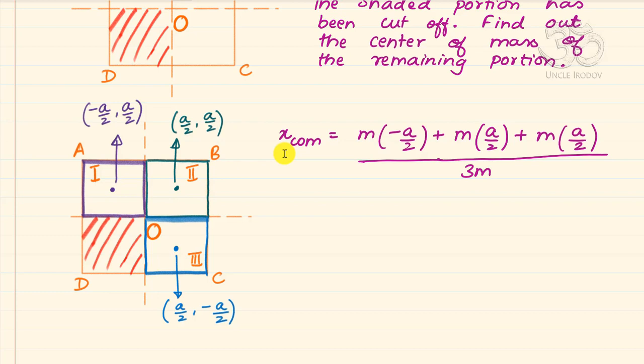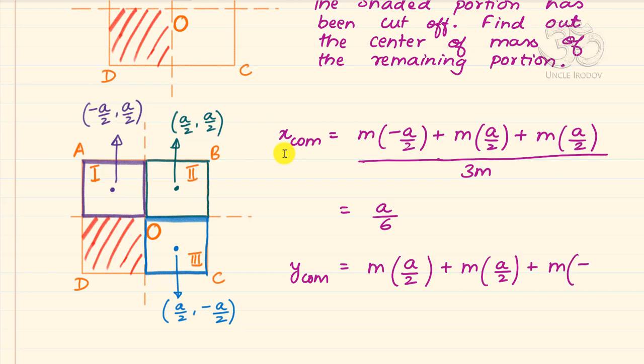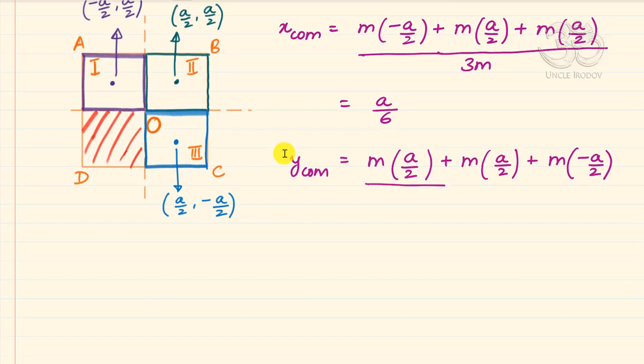So this is a by 6, and y center of mass will be m1 y1 plus m2 y2 plus m3 y3 divided by m1 plus m2 plus m3. So this is going to be 3m, and that is going to be a by 6.